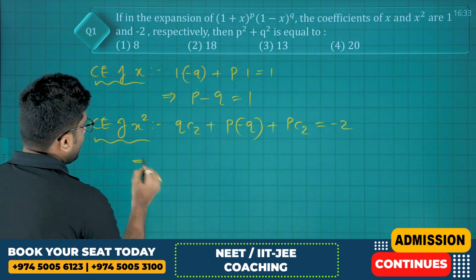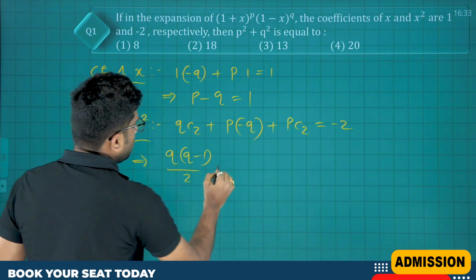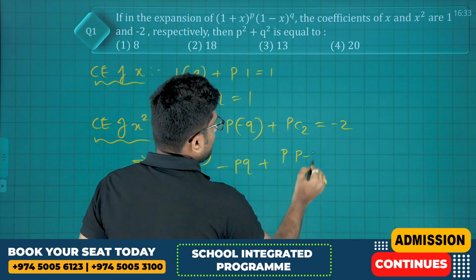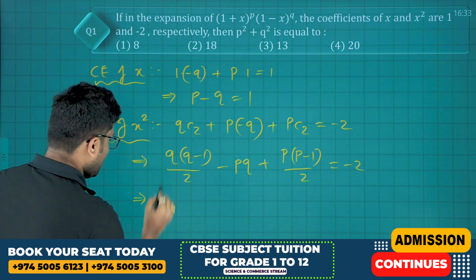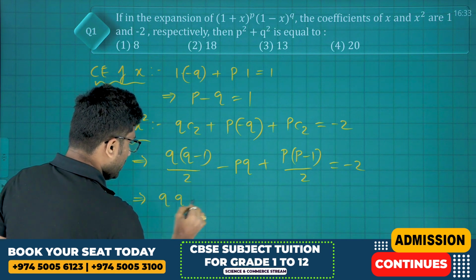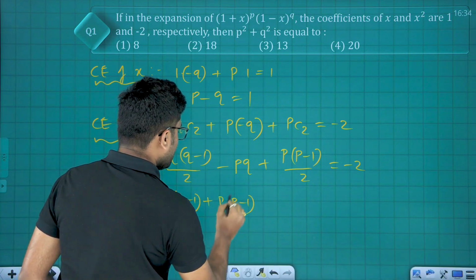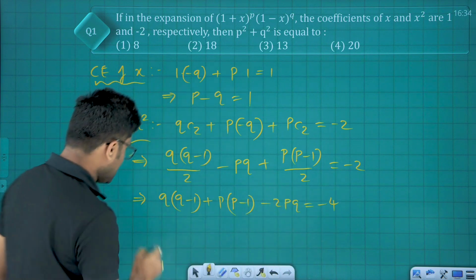Now we'll solve this, and we'll get one more equation. QC2 is q(q − 1)/2, minus pq, plus p(p − 1)/2 equals −2. So from here we get q(q − 1) + p(p − 1) − 2pq = −4. Take an LCM.